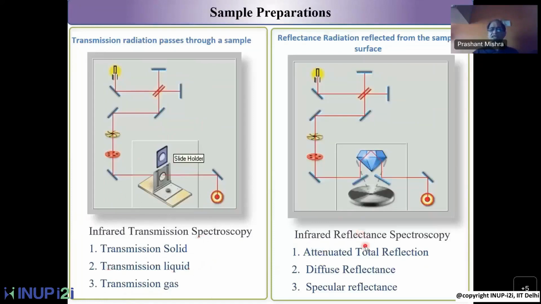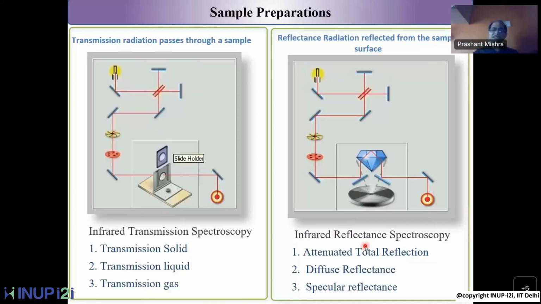On the other hand, suppose you have a very thick material. What you can do is use attenuated total reflectance, and that is why I'm talking about this. Suppose you have deposited a thick film. Under those conditions, you have to use ATR mode, or attenuated total reflectance mode.